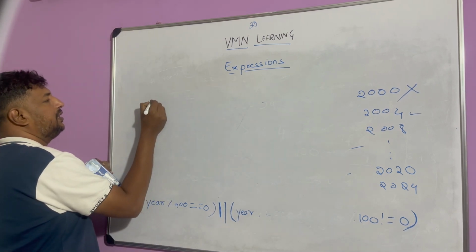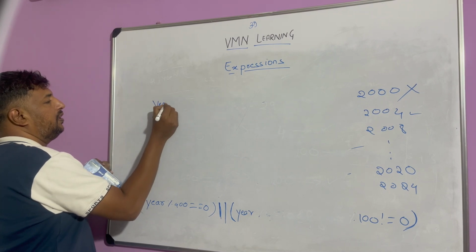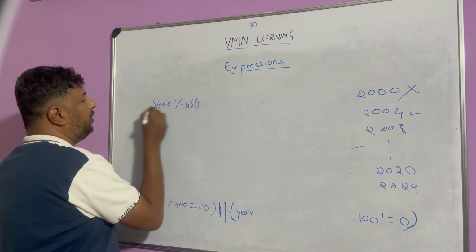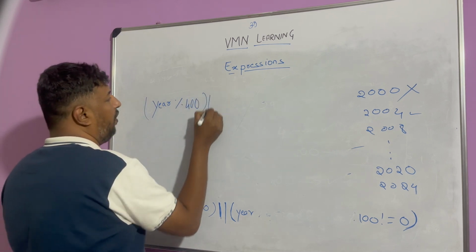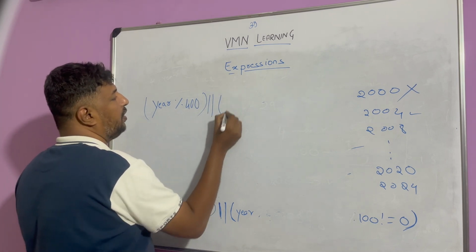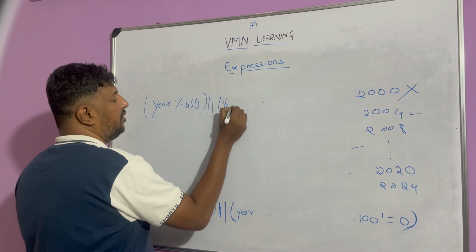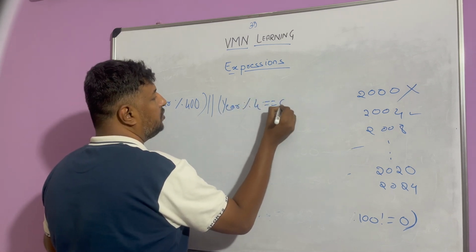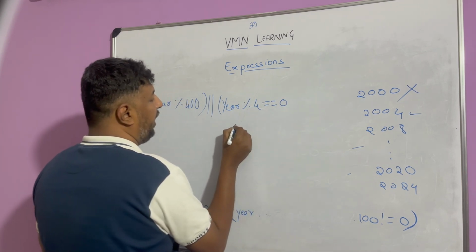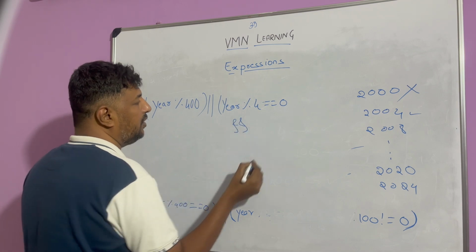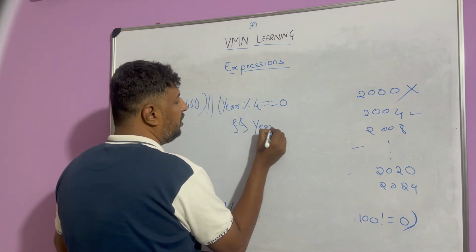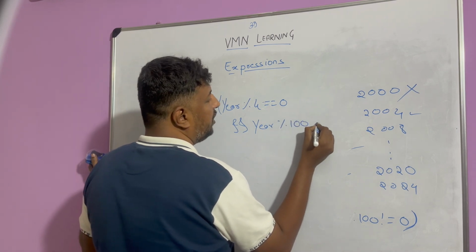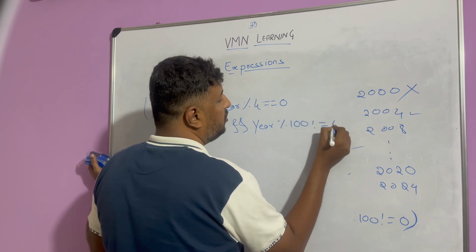So first thing is, here modular of 400, it will be a leap year, or here modular of 4 is equal to 0 and modular of 100 is not equal to 0.